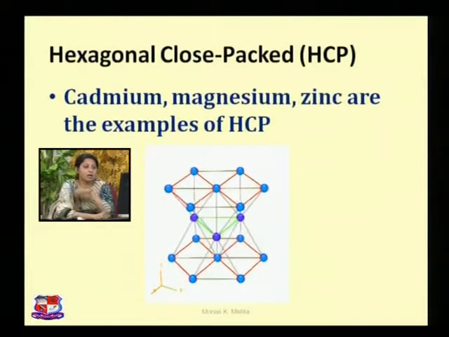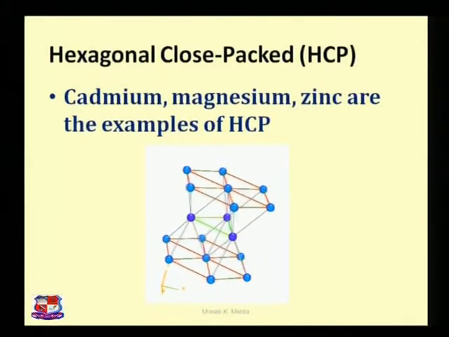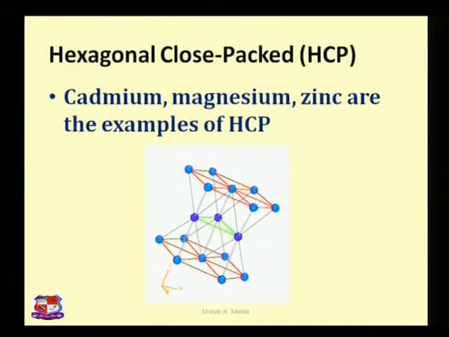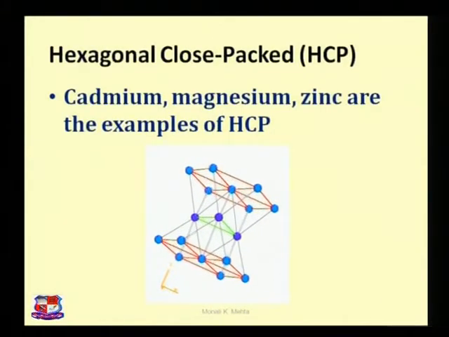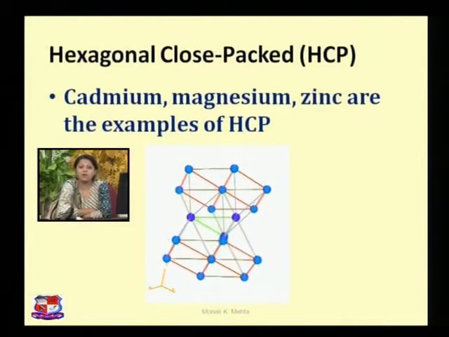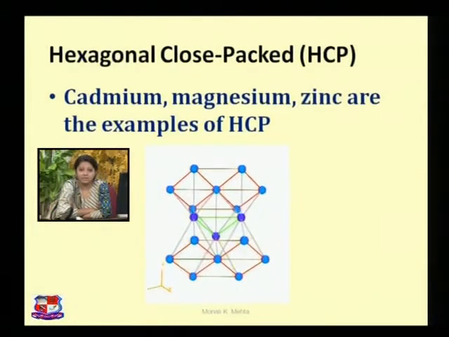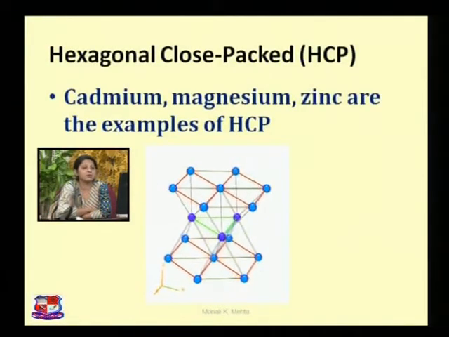The other one is hexagonal close-packed. 12 atoms are in the corners, 2 atoms are in the faces, and 3 atoms are in the rhombic structure. Cadmium, magnesium, and zinc are examples of hexagonal close-packed.